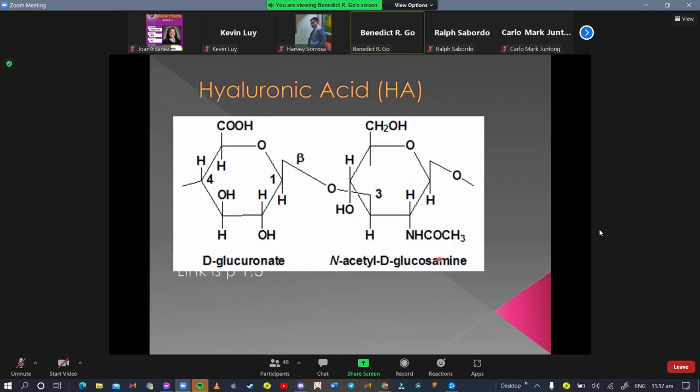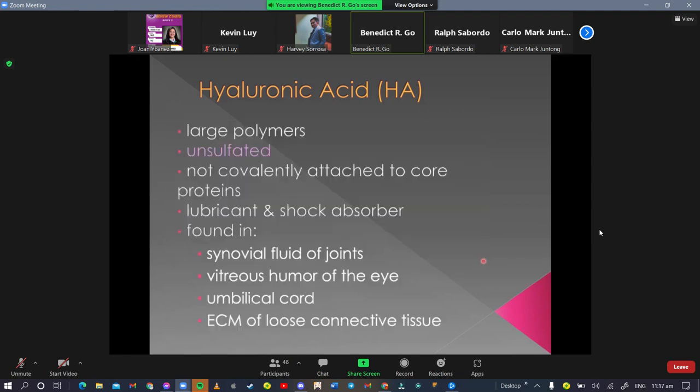Okay. So in hyaluronic acid, the uronic acid is D-glucuronate or glucuronic acid, and N-acetylglucosamine is your amino sugar or hexosamine. Thing to take note here, hyaluronic acid is very large and it's unsulfated, meaning there's no sulfate attachment to either of the disaccharide repeating units.